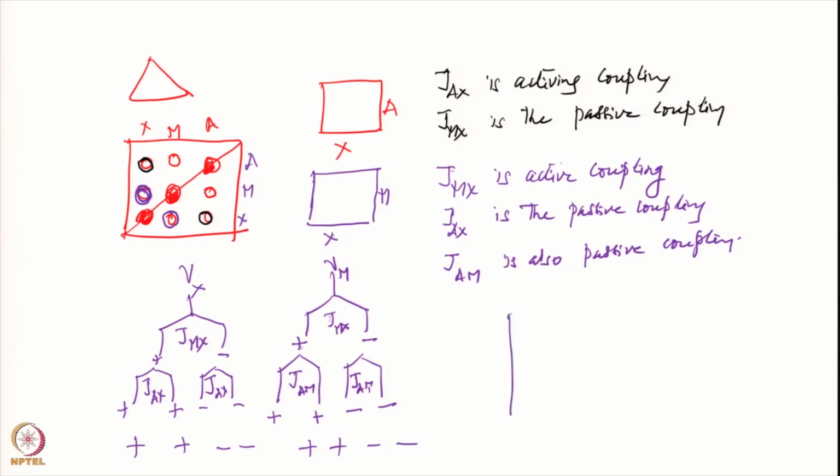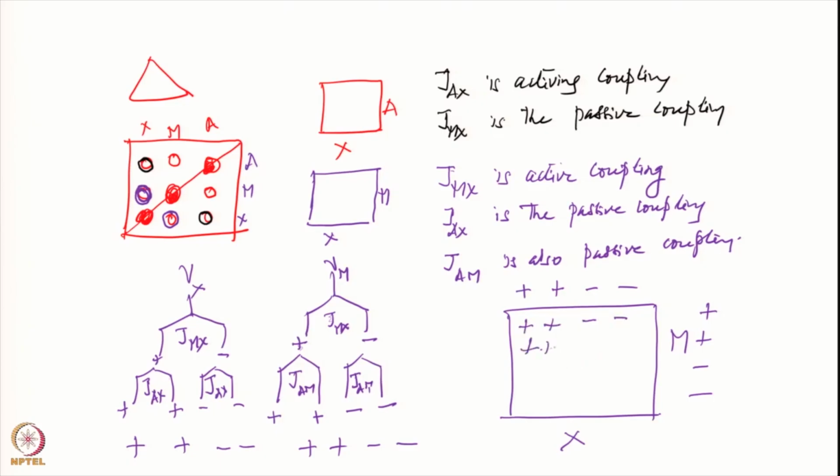So, if I draw that here now, this side is X and this side is M, and here we wrote plus plus minus minus, and this side also was plus plus minus minus. So, what will be the structure? Multiply these two: plus plus minus minus, once again plus plus minus minus, minus minus, plus plus minus minus, plus plus.